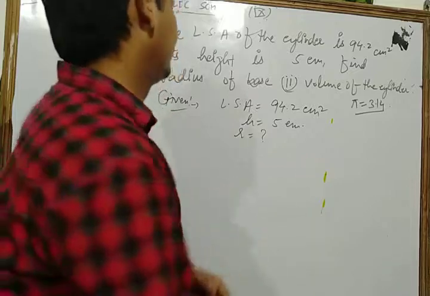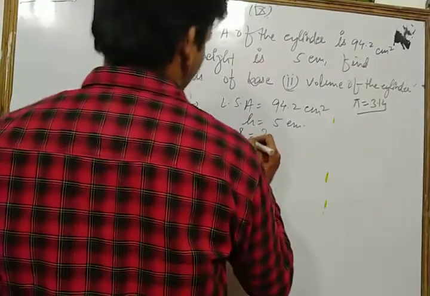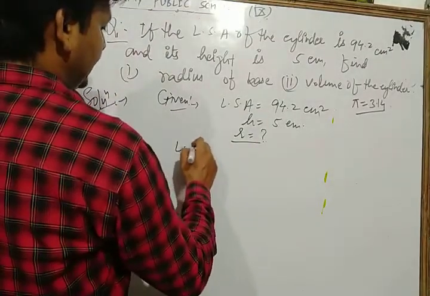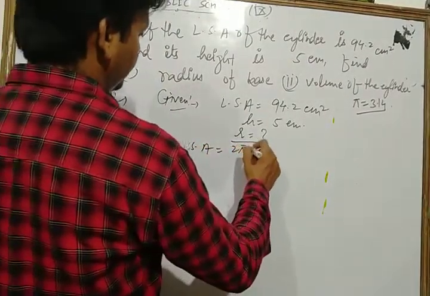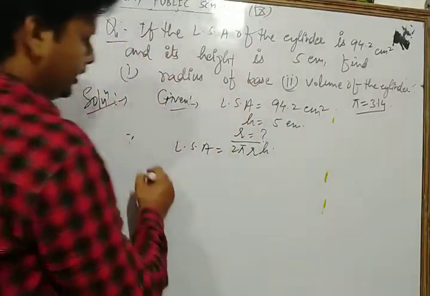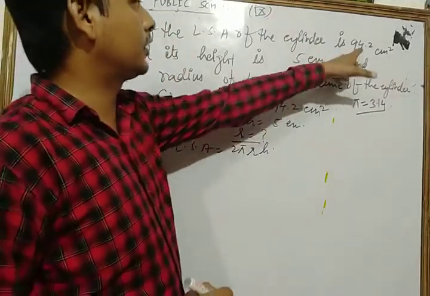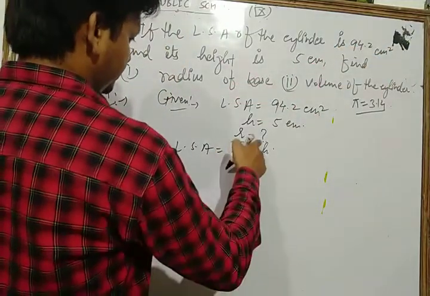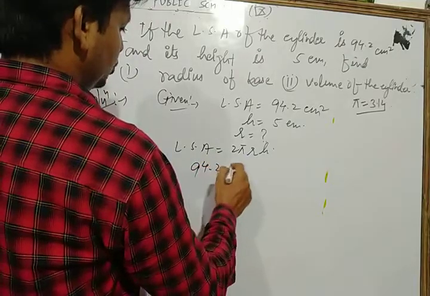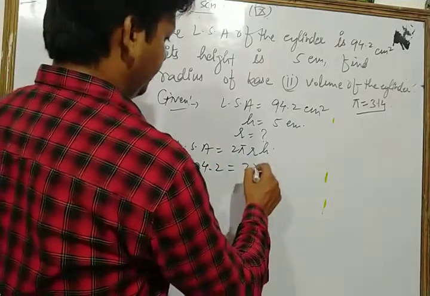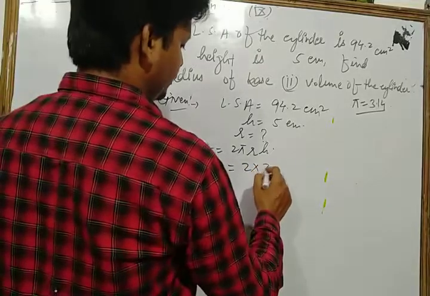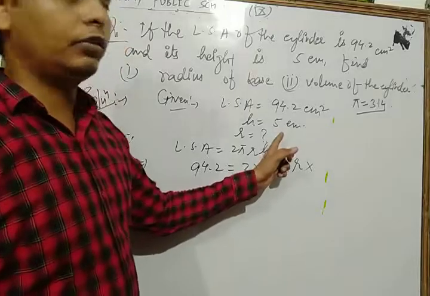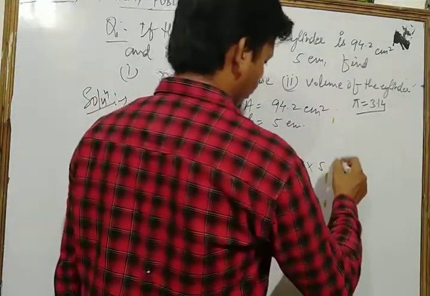Since we know that the formula for lateral surface area of cylinder is 2 pi r into h, and according to question the lateral surface area is given by 94.2. So here we put 94.2 is equal to 2 pi, the value of pi that is 3.14, we find the value of r, and here we put the value of h, that is 5.